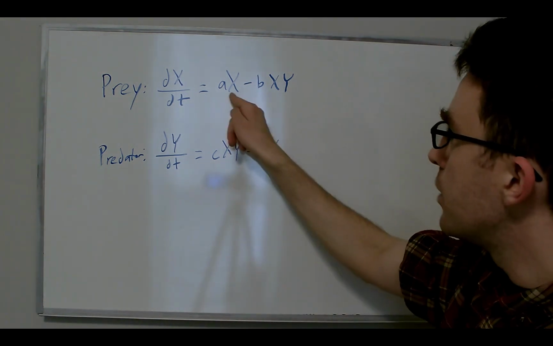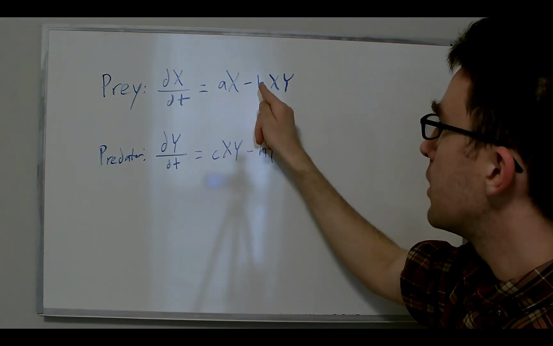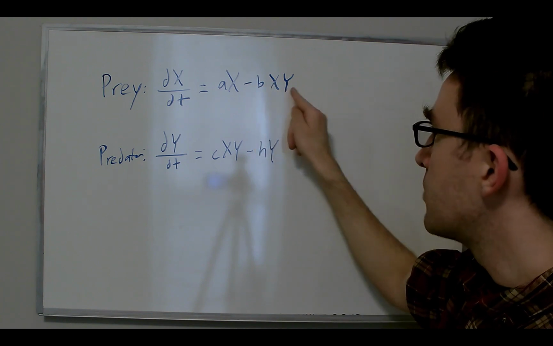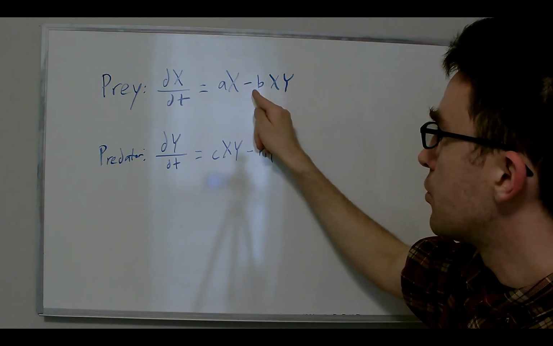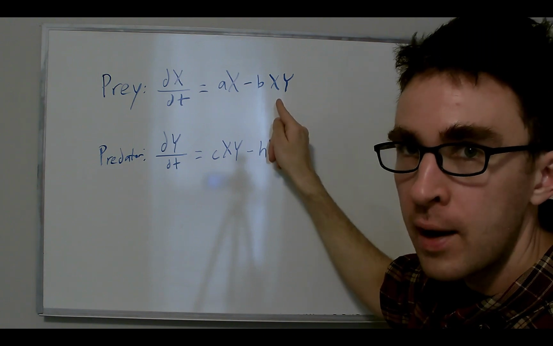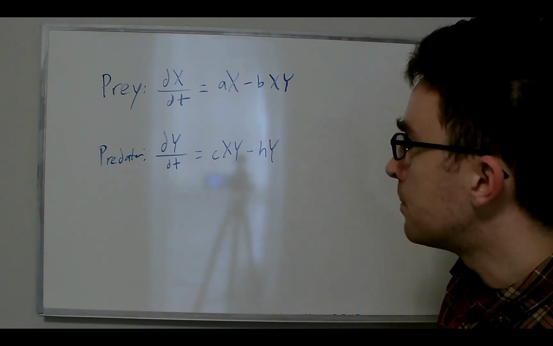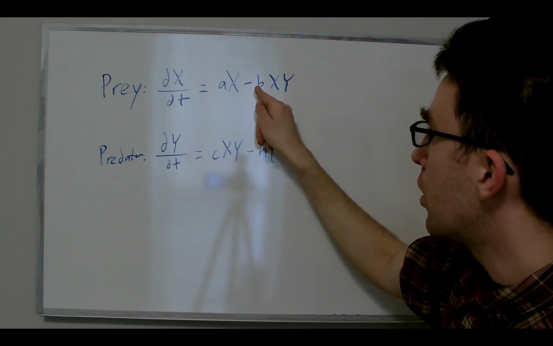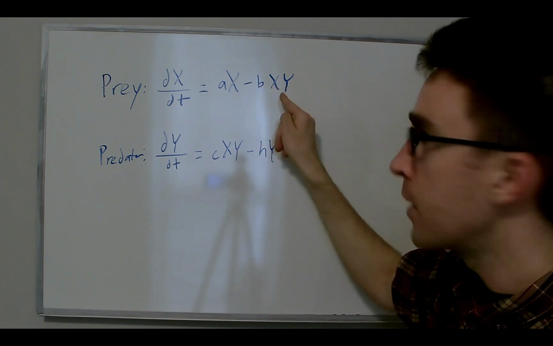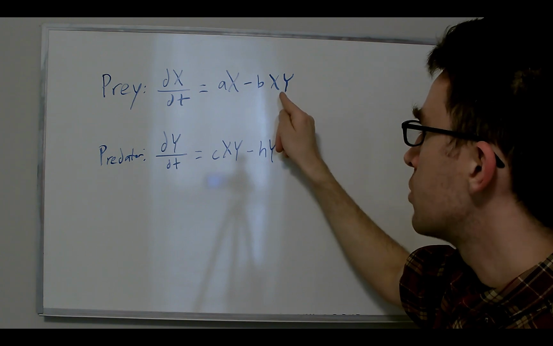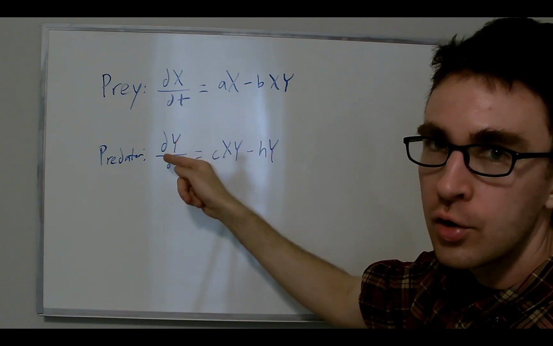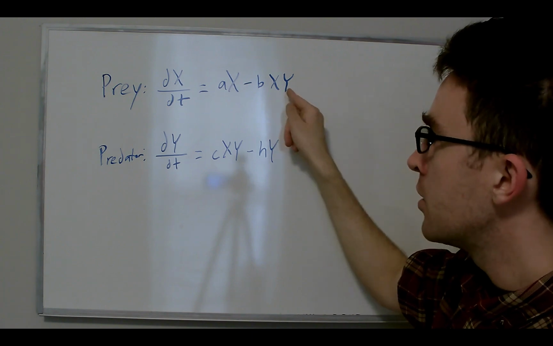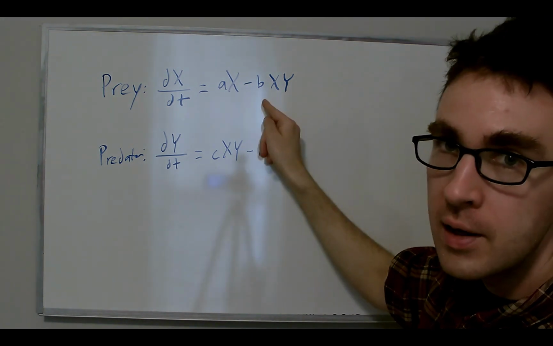We have the growth term a times x, and then minus another constant parameter b times x times y. This is the death term for the prey, and you can see that the death term for the prey depends on the current level of the predator population, y. So the more predators there are, the higher the death rate is for the prey.